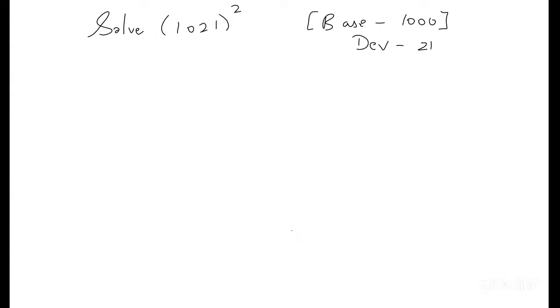Now, this is also done in the same way. First we'll take the square of the deviation, that is 21, in step 1. Do the square of 21 and let me know what's the answer. Square of 21 is 441.